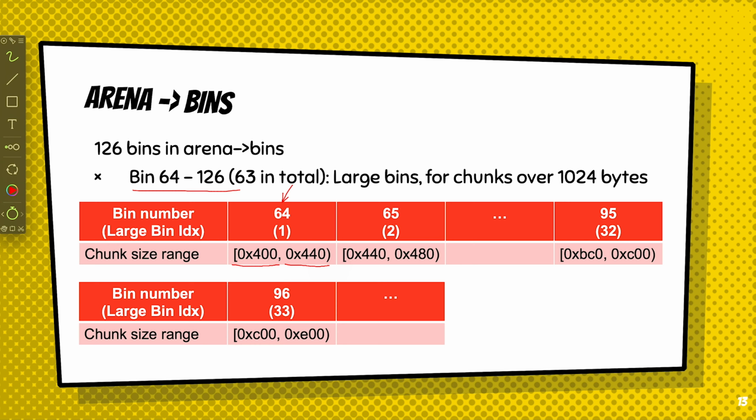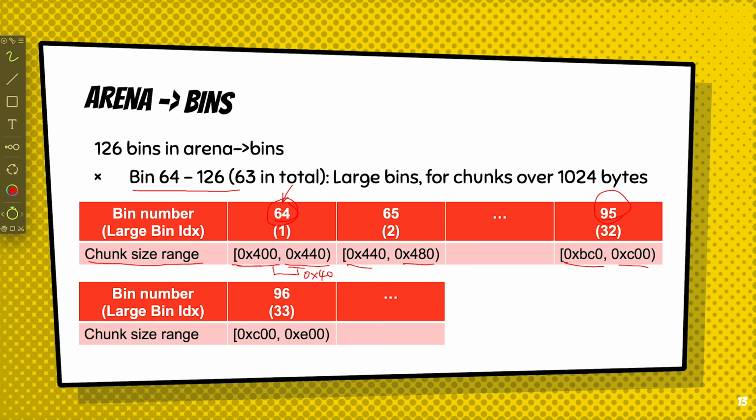Specifically, for bins 64 to 95, if you look at the table, you find that the range is always hex 40. So each bin stores chunks in steps of hex 40.